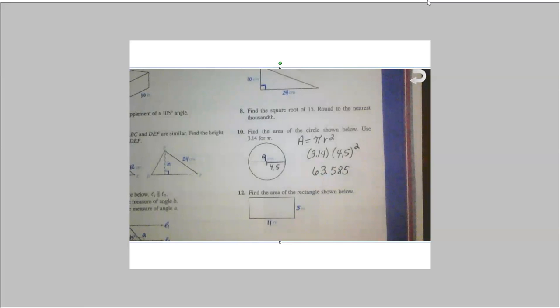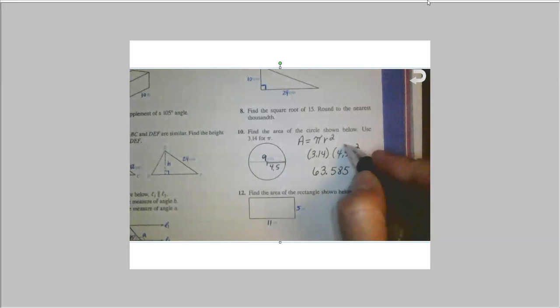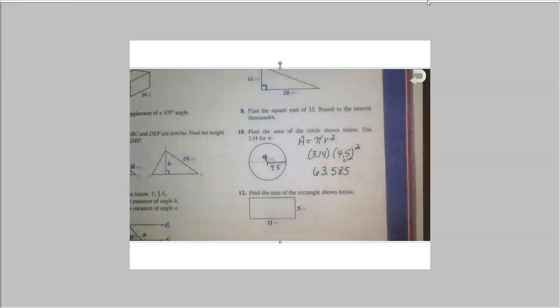Okay, so now the label. When I'm calculating area, technically what I did was not just square 4.5, but I'm squaring 4.5 centimeter. 4.5 centimeter times 4.5 centimeter, and what that does is give me a square unit of measure. So anytime we're calculating area, your label will be square units, okay?